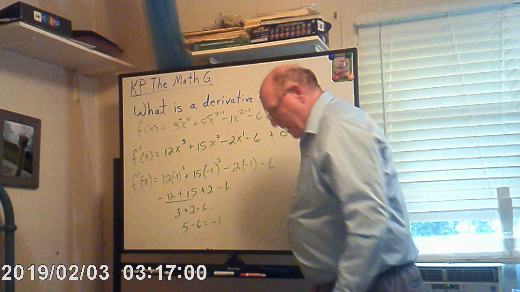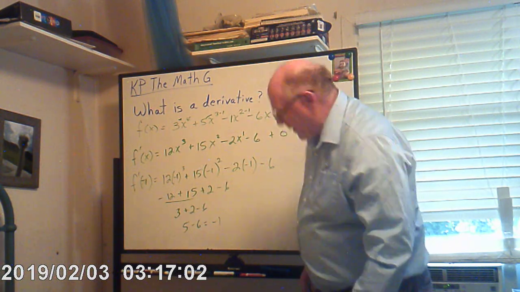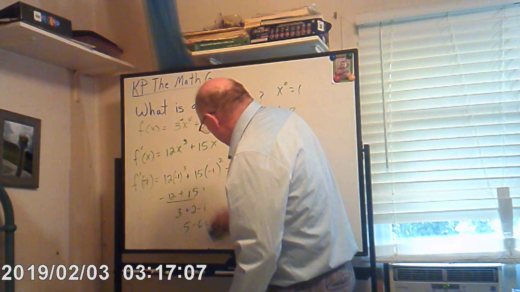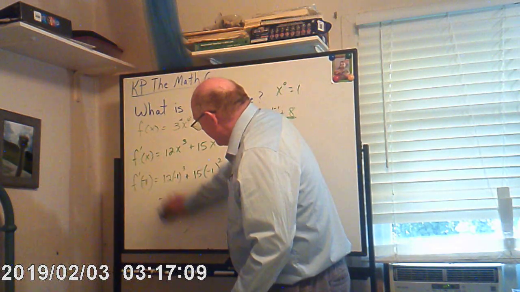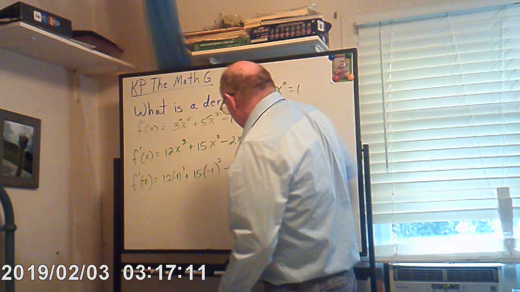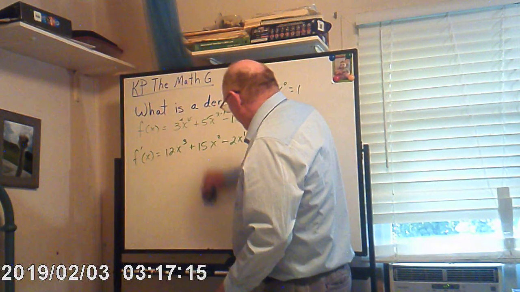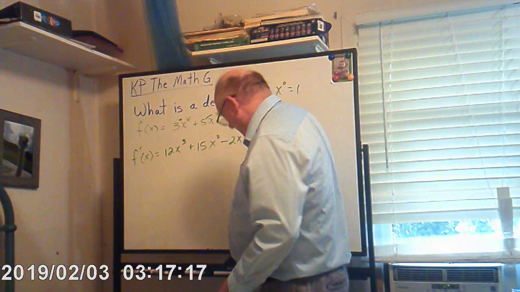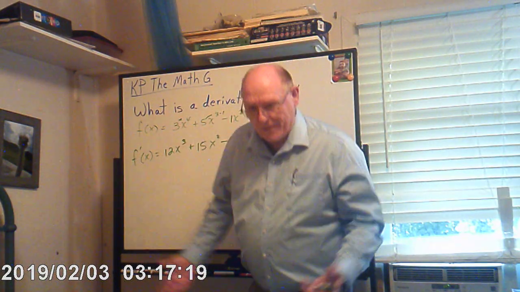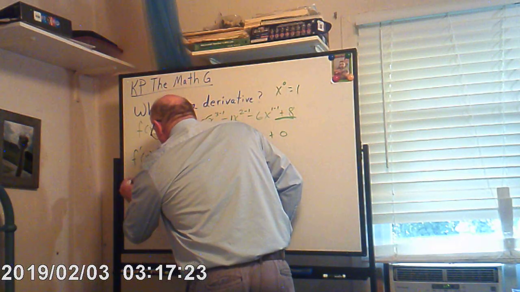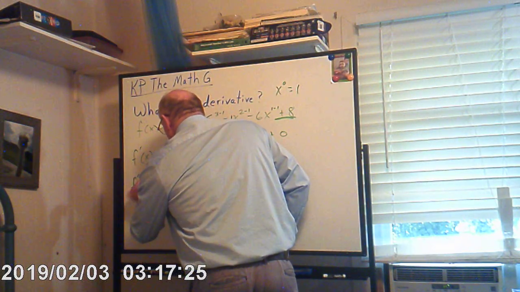One more thing we could do is find f double prime, the second derivative. We might be looking at concavity, concave up, concave down, but we'll just find the second derivative for the lack of time.